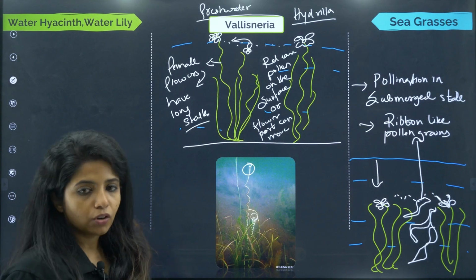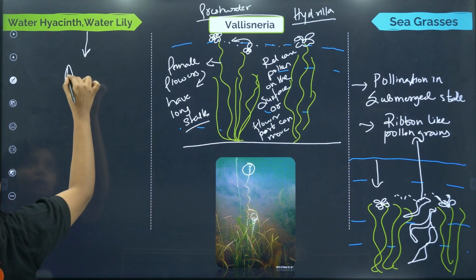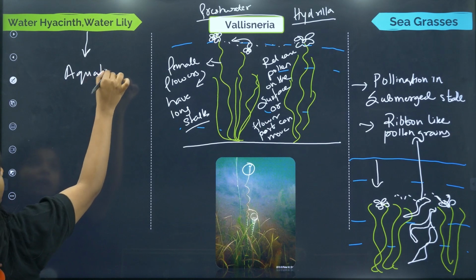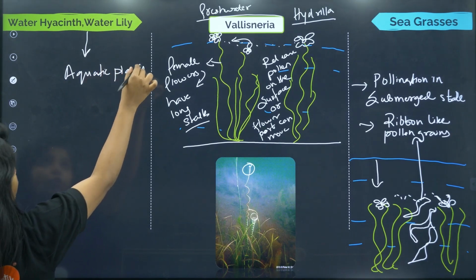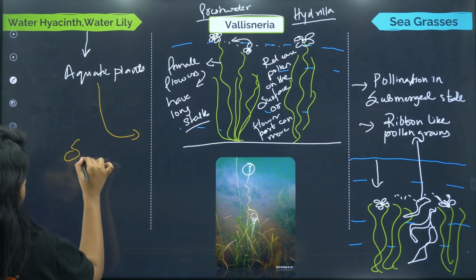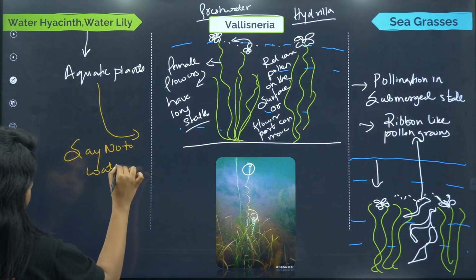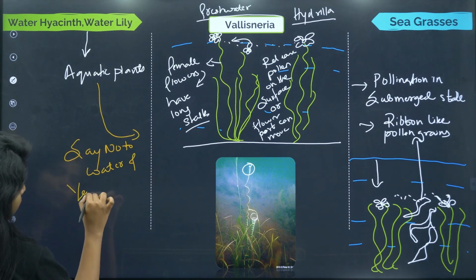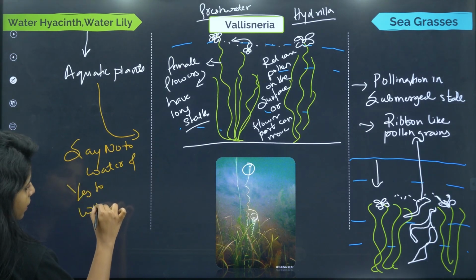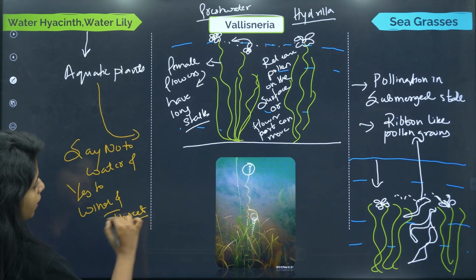Talking about water hyacinth and water lily, even though they are aquatic plants, but what do they depend on, children? Say no to water and yes to what? And yes to wind and insects. Wind and insects.